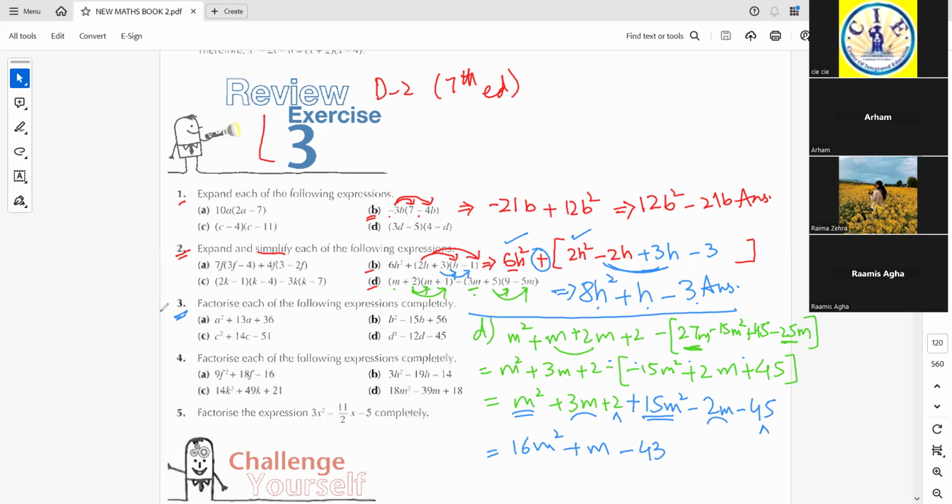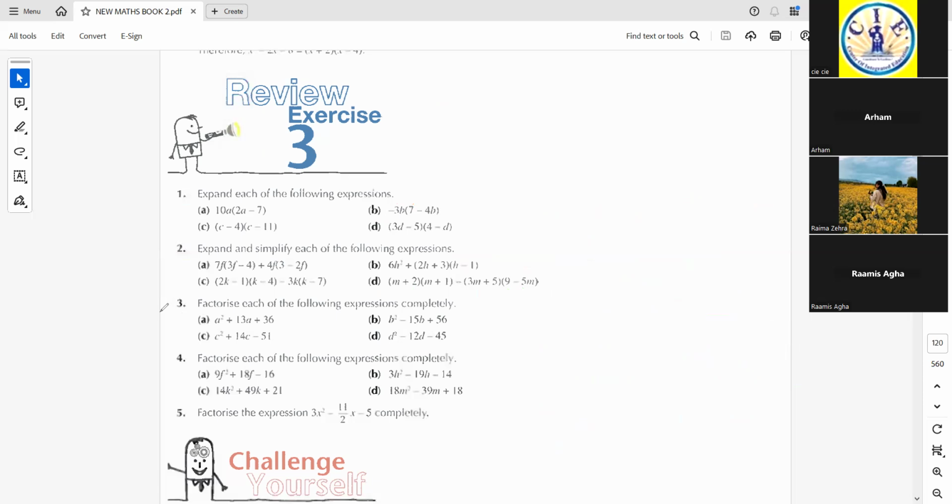As we can see that each of the square terms in all of these parts, their coefficient is 1. So it is going to be a simple method to factorize them. Let me choose part D to solve it. D square minus 12D minus 45.